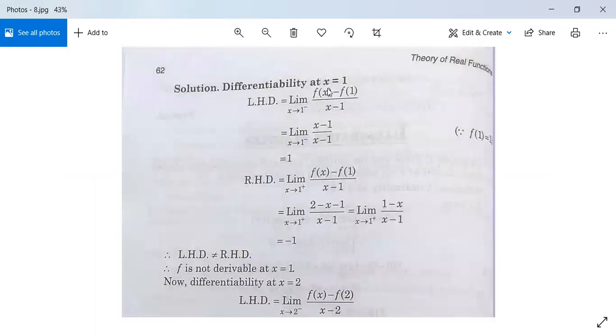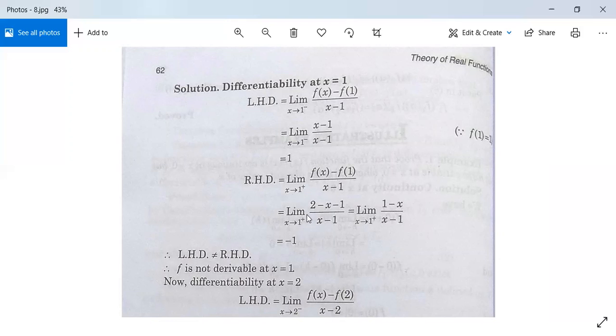तो लेफ्ट डेरिवेटिव, differentiability at x equal to 1, LHD is your limit f(x) minus f(1) over x minus 1, x tending to 1 minus. So it is limit of x minus 1 by x minus 1, क्योंकि f(x) is your x and this is your 1. And right hand derivative is limit f(x) minus f(1) over x minus 1, x tending to 1 plus.